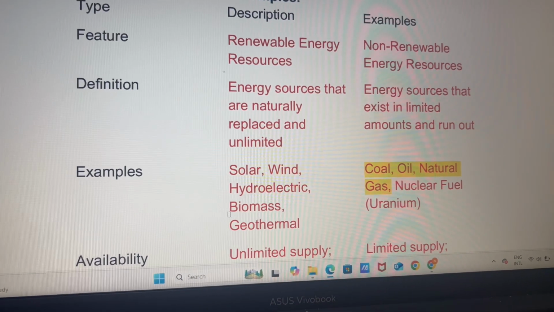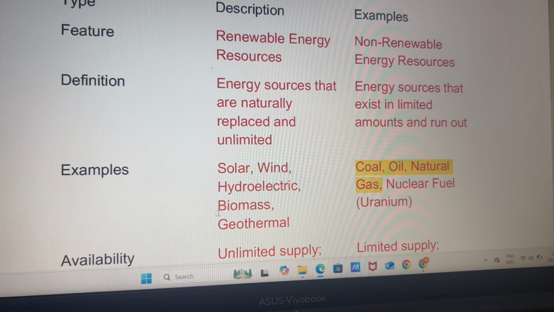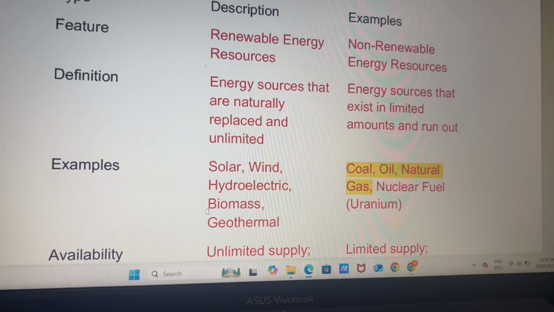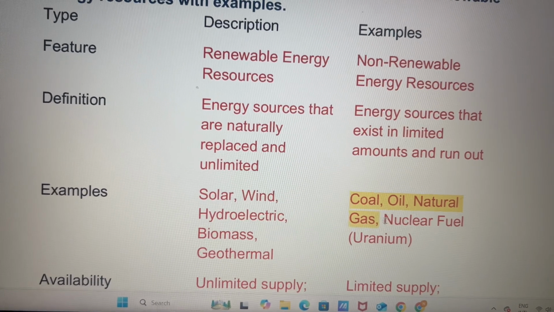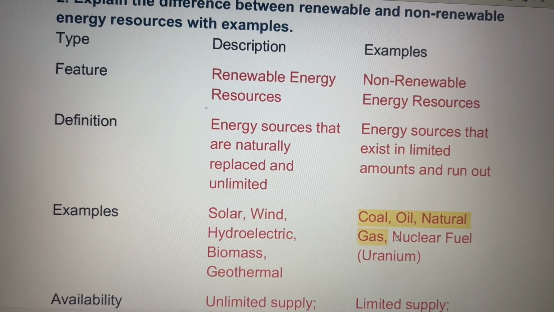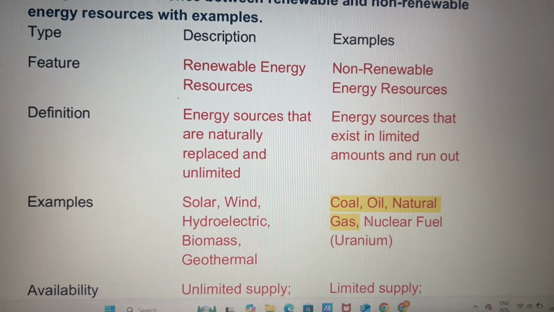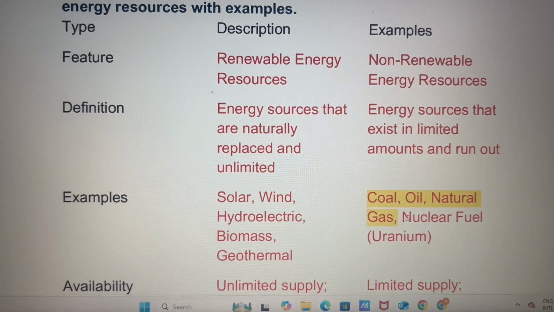All the petrol stations and the gas stations are going to run out, and they're going to be replaced by the renewable ones because they're going to be the only ones that exist. Also, a very important example of the non-renewable energy resources is nuclear fuel, the nuclear energy, mainly uranium and plutonium.